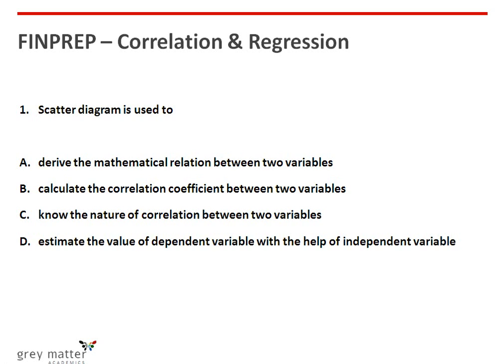That is, to what extent or the degree the relationship between the two variables exists. So the correct option is C, which says know the nature of correlation between two variables. Scatter diagram is used to basically know the relation and nature of correlation between two variables.